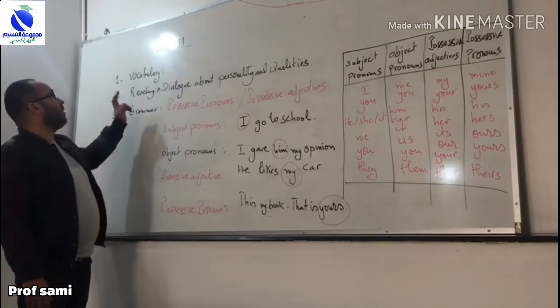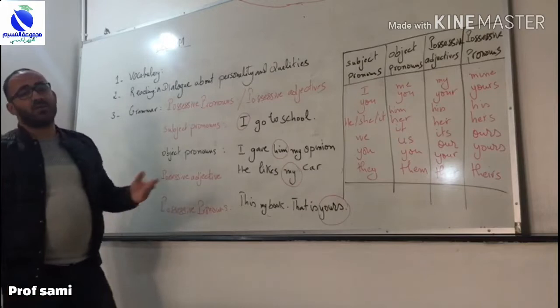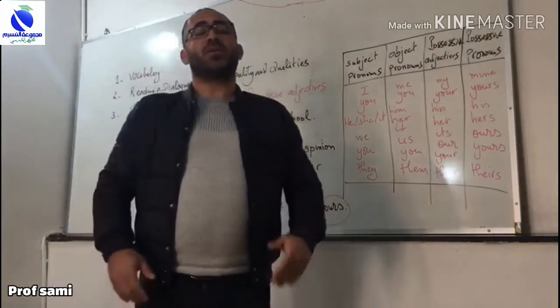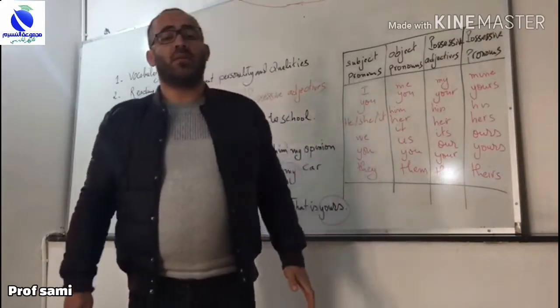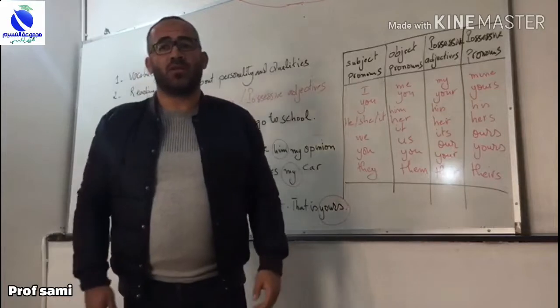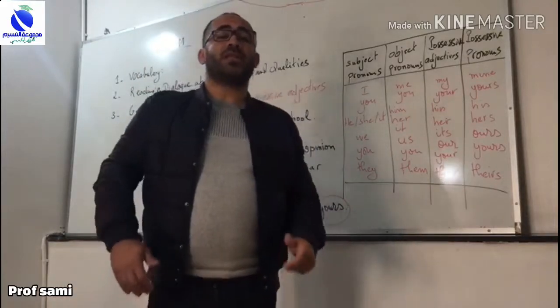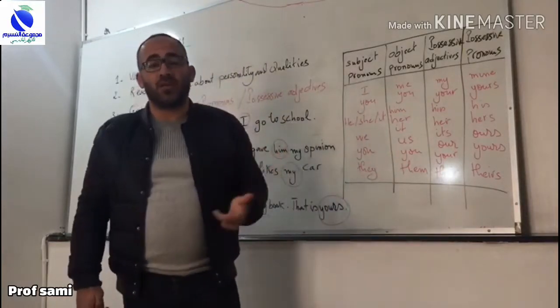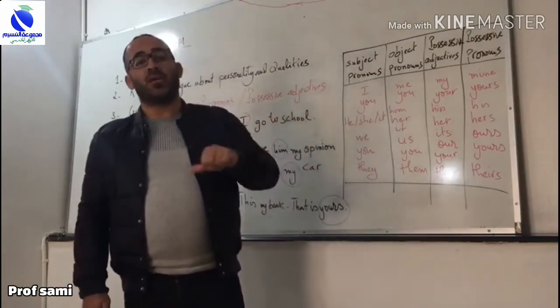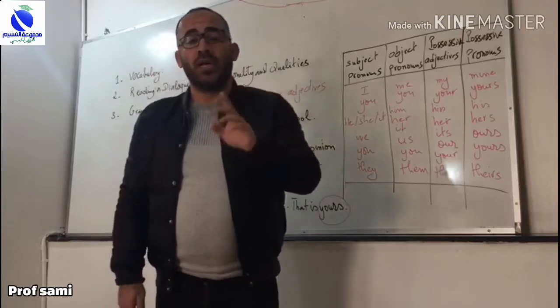So we have a vocabulary part. We talked about describing people. As you know, when someone wants to ask you about the qualities or the description of someone, the question is, what does he look like, or what do you look like?